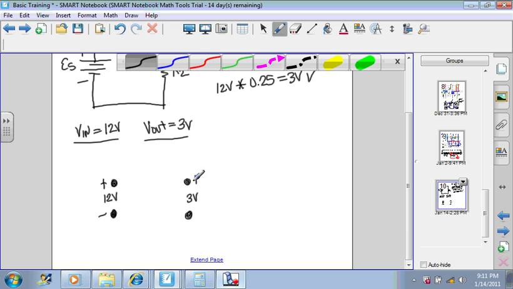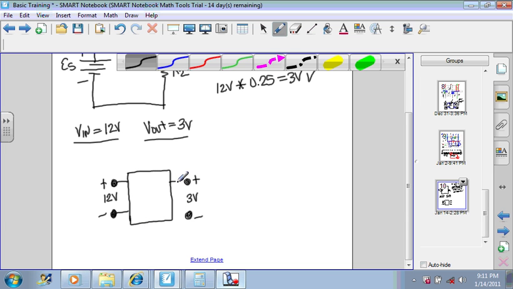And that is, once again, if you put 12 volts between these 2 points, then we want 3 volts to be here. So we're going to take those 2 points and bring them into some unknown box. We don't know what it is.